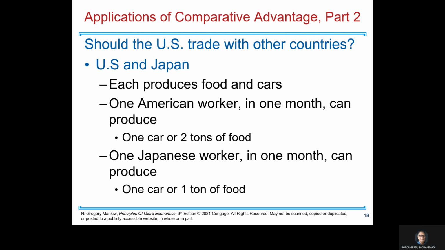Okay, a Japanese worker, on average, let's say takes one month to make one car and one month to make one ton of food. Now figure out who's specialized in what, and when they trade, where the terms of the trade are going to land. Just work it out here.